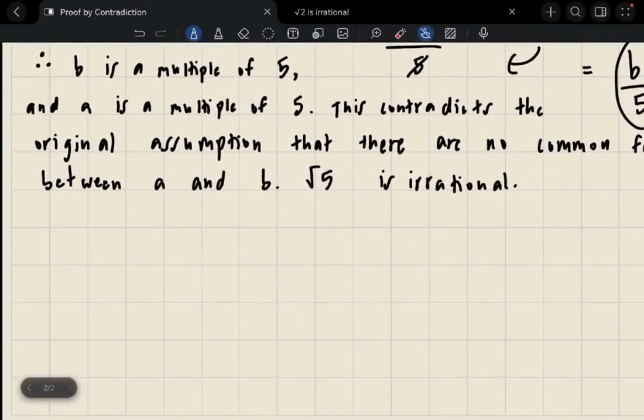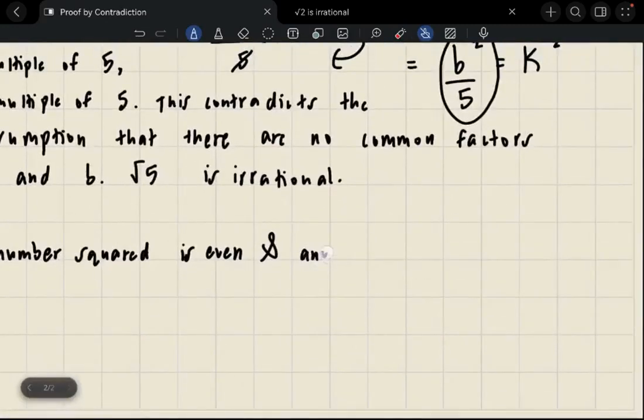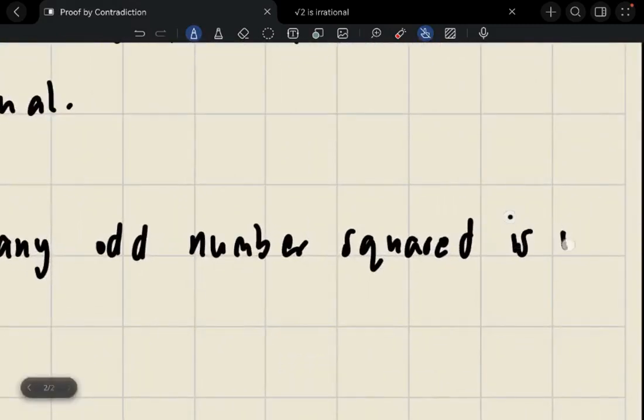So this is the proof for any even number squared is even and any odd number squared is odd.